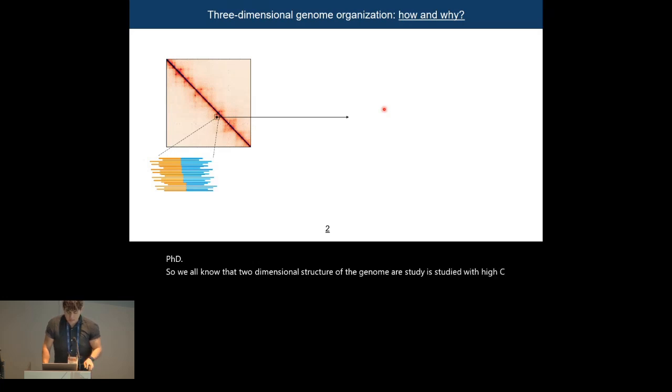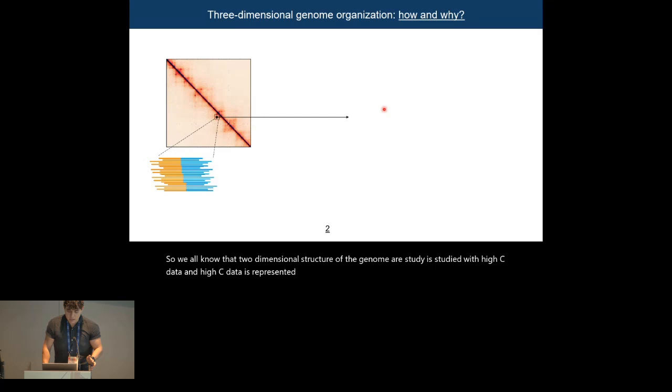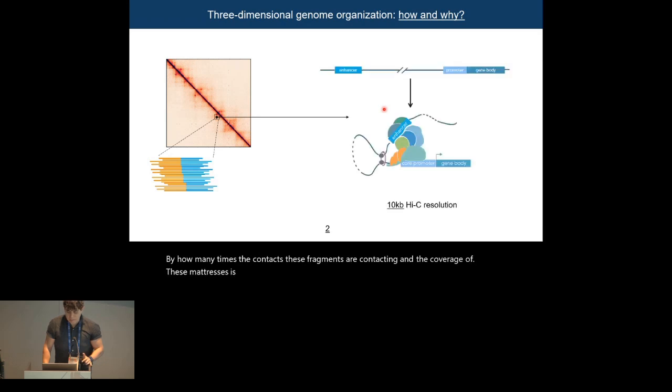And Hi-C data is represented with these matrices where the genome is fragmented in equally sized bins and the intensity on the matrix is represented by how many times these fragments are contacting, and the coverage of these matrices is really important because it allows us to identify regions, such as enhancers, that are going to regulate a given promoter at a given time.